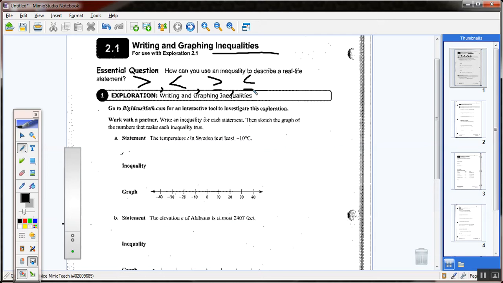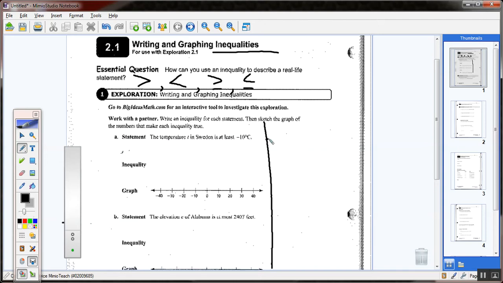Okay. What I'd like to do right over here, kids, is this. I'm going to put a line over here, and maybe a line right here. I want you to write down the word toolbox up here. I'm going to put down some information. First of all, how do you read that sign right there?